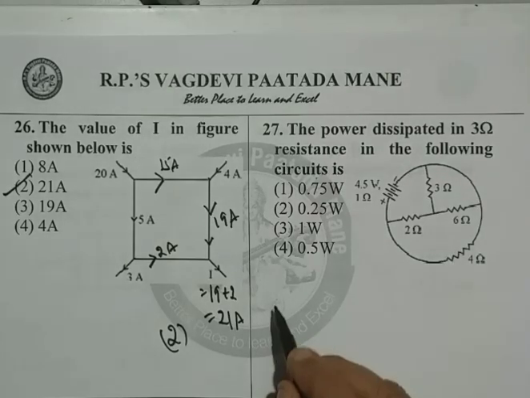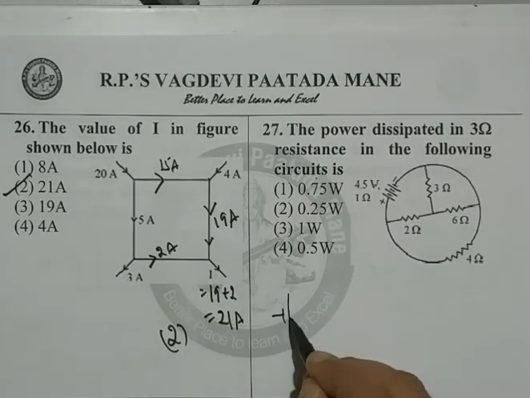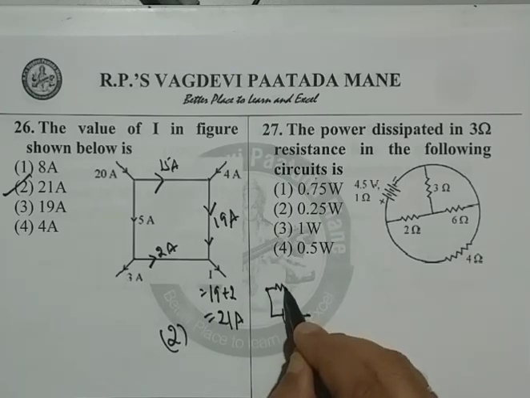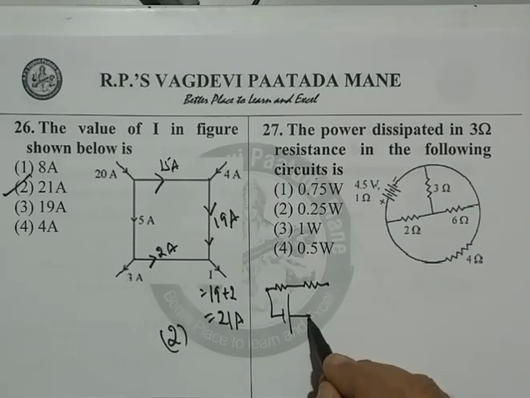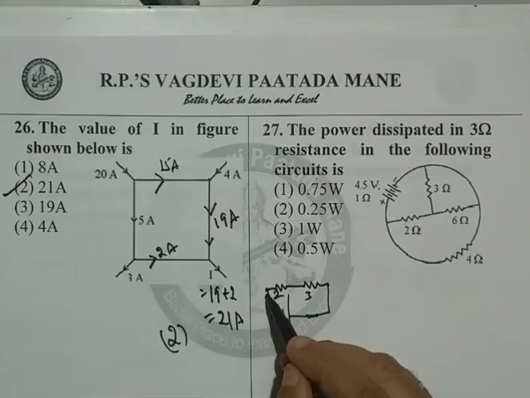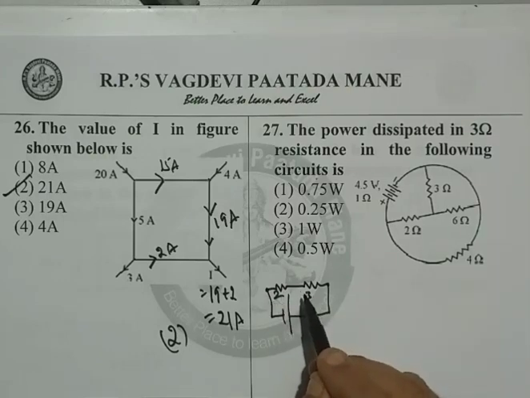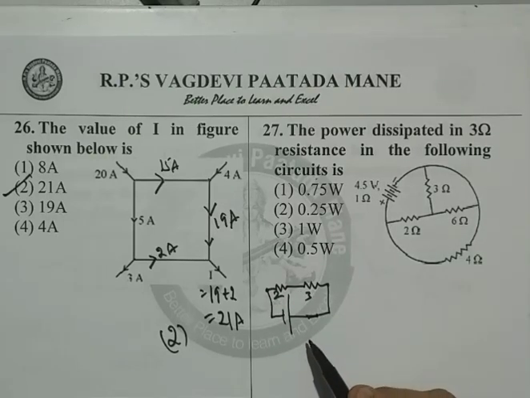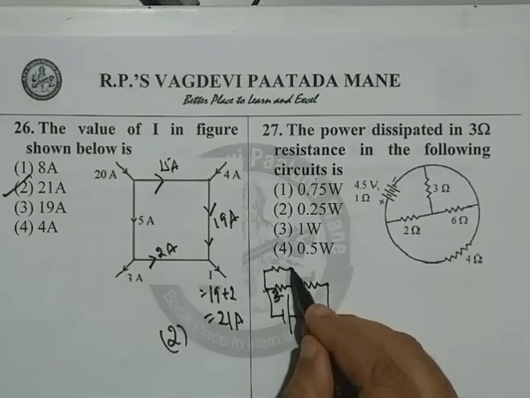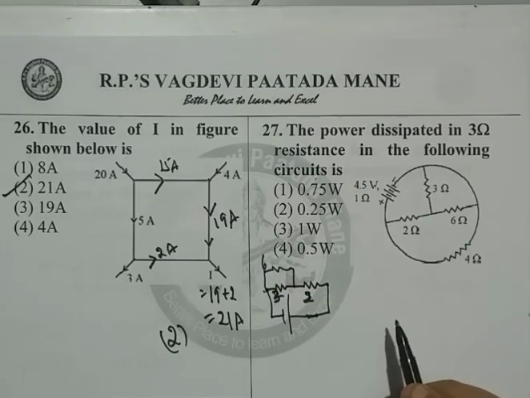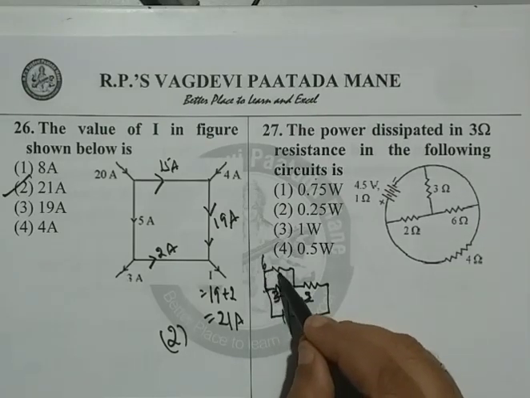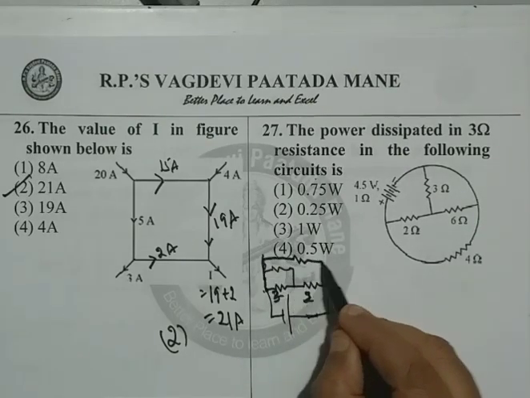Say this circuit can be simply written like this. 2 and 3 are in series, then this is 3 and this is 2, then 3 is in parallel with 6 there, then totally there is a parallel combination of 4 ohm like this.